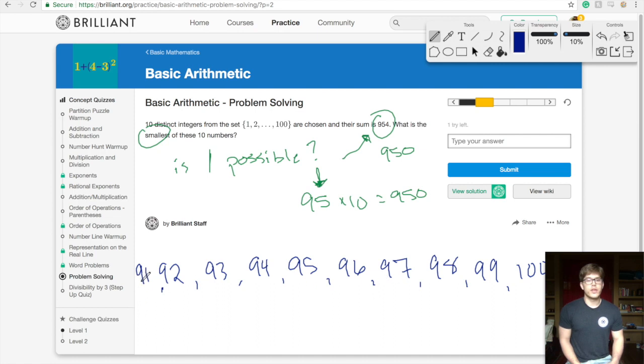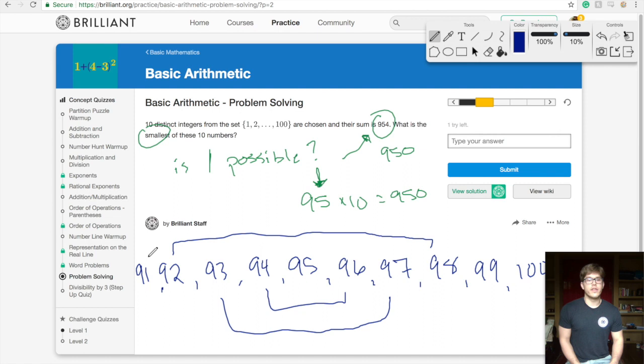Well, 95 is in the center, and then we have these on the outside. So what I'm connecting are averages of 95. So this is 1, 2, 3, 4, 5, 6, 7, 8, 9 plus 100. What does this sum to? Well, this is going to be 95 times 9 plus 100.